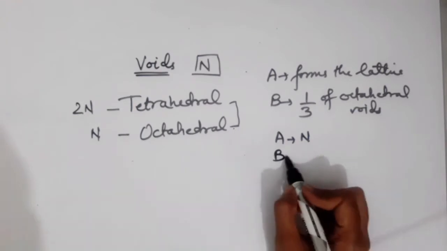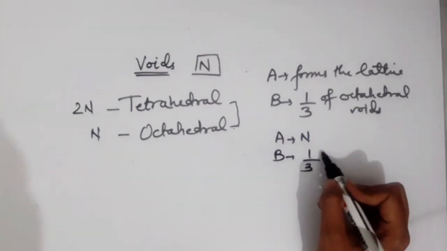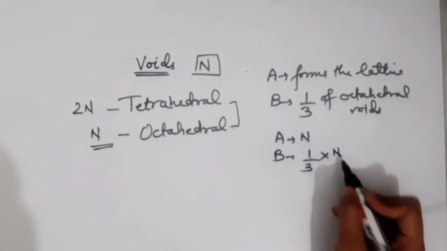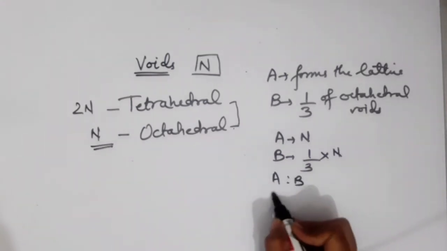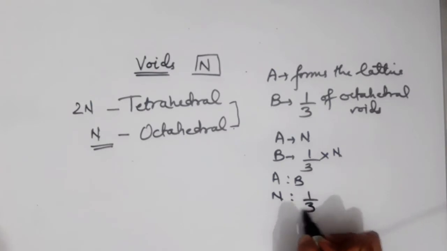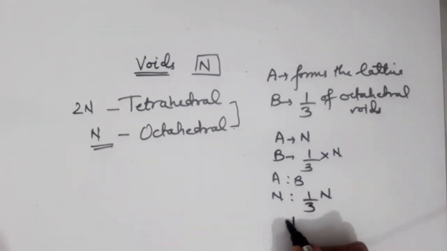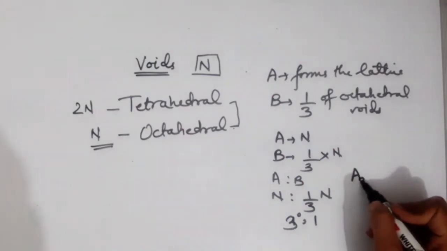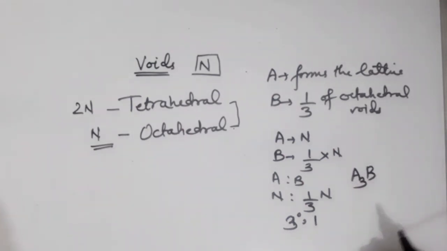For B, it would be 1/3 of octahedral voids, and octahedral voids will be n. So A ratio B will again be n ratio 1 upon 3 n, which equals 3 ratio 1, that is, the formula of the compound would be A3B.